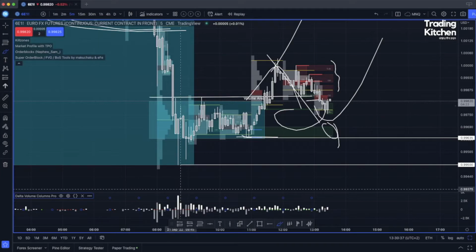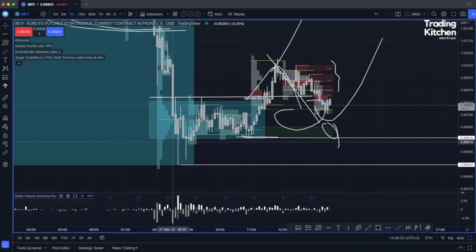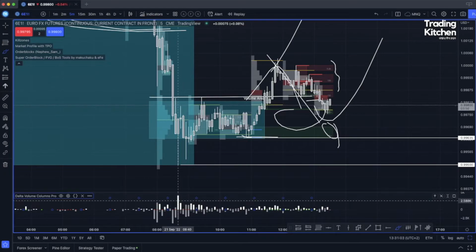So for example, here we have strong selling, bearish volume, right here, a strong candle, then selling pressure became low, and then we have a strong buying pressure with this candle, this big wick.